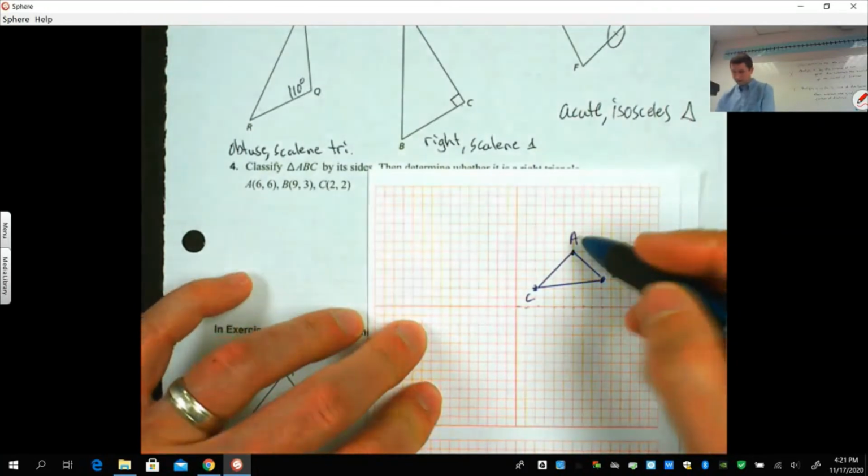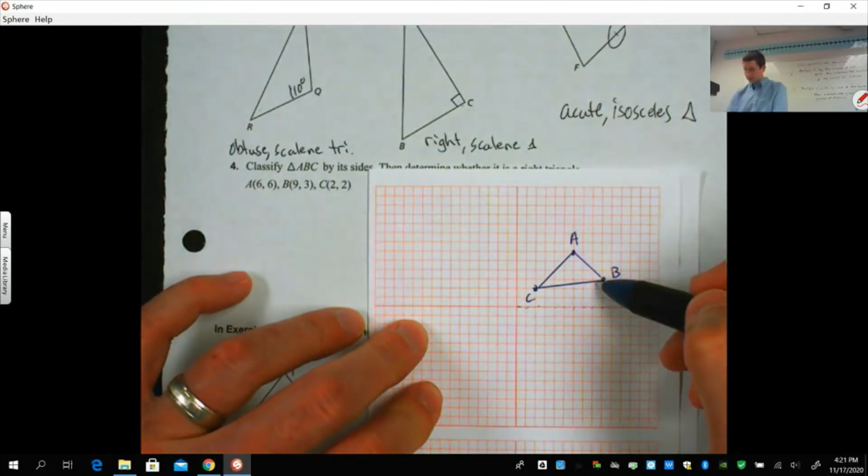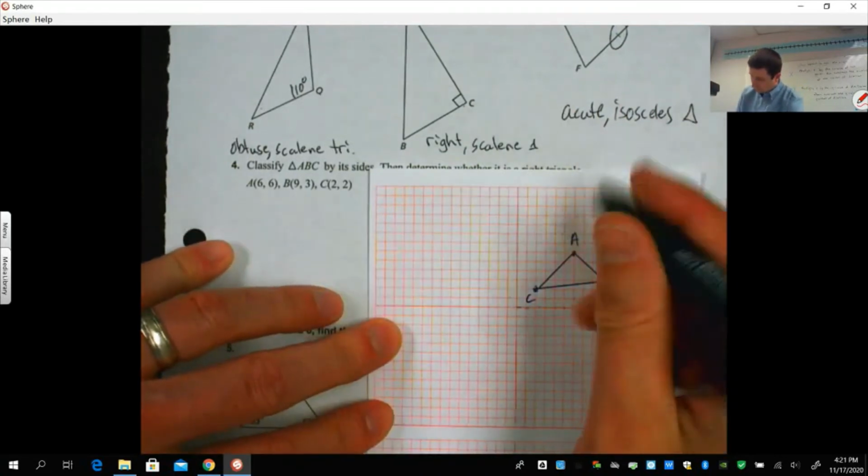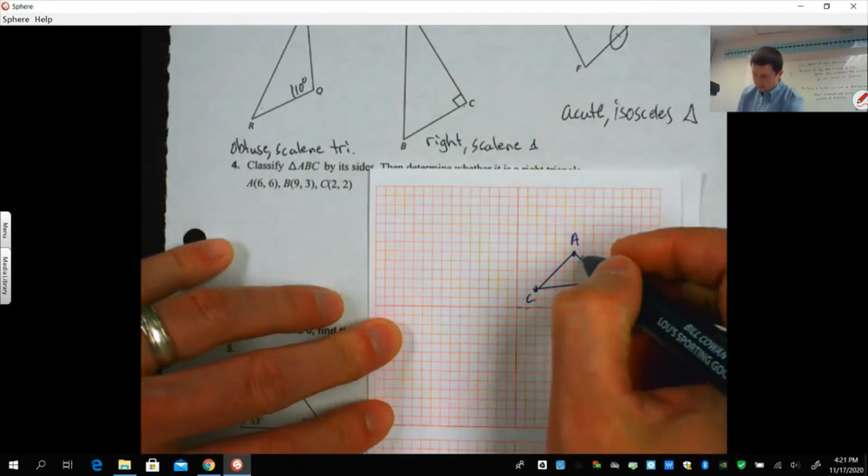Okay, so this question up here, does that look 90 degrees? We can do a lot of math with this, but remember, if this is 90 degrees, this is going to be perpendicular.